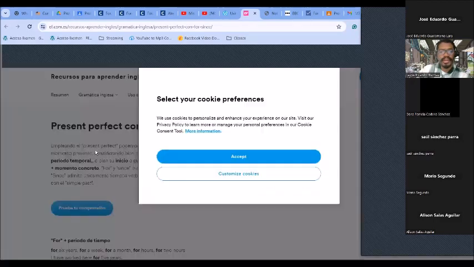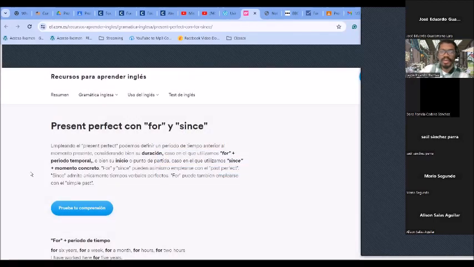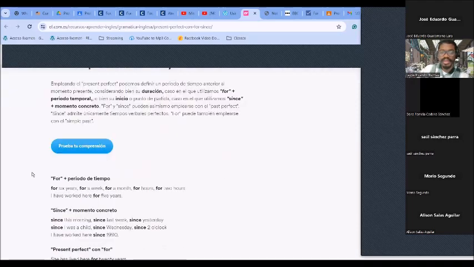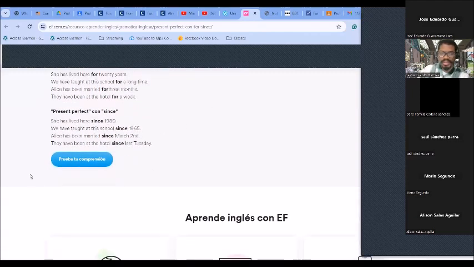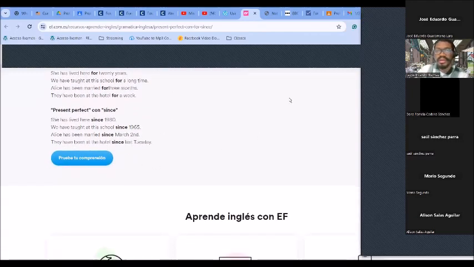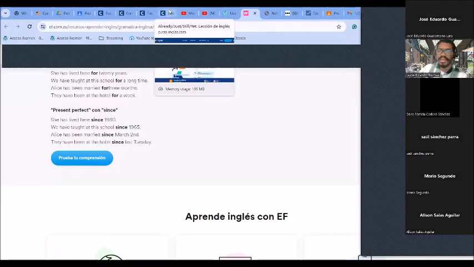Now, if we look at those, we can tell there are a lot of uses for them in the present perfect in particular, right? So since and for are very commonly seen with the present perfect. And when we think of the other adverbs like already and yet, we basically use them the same way we do in Spanish.